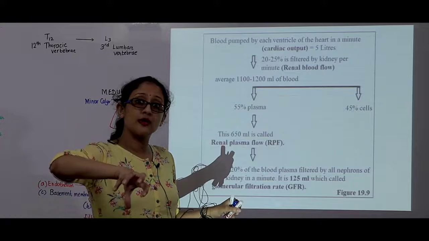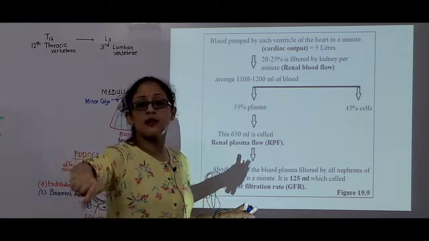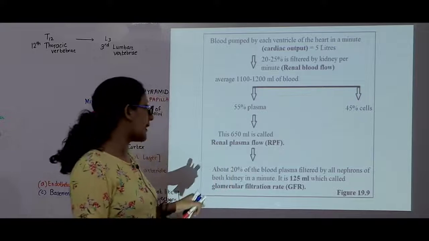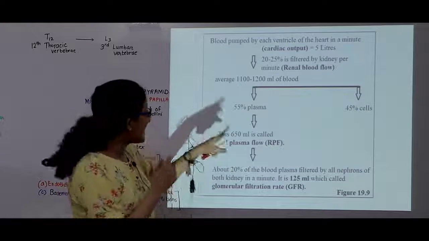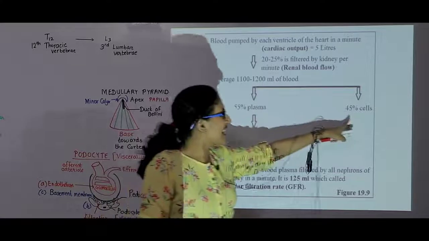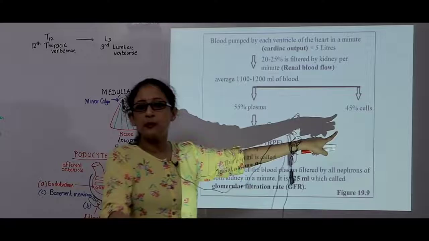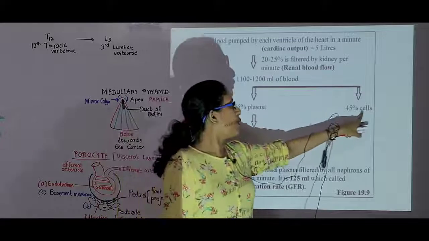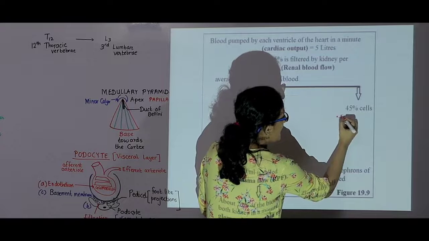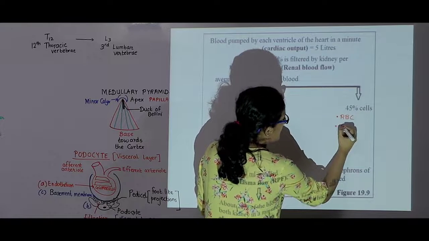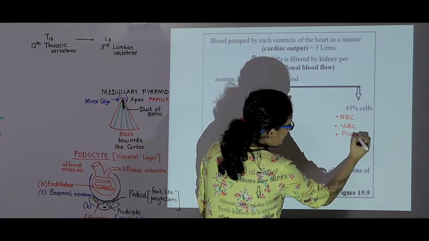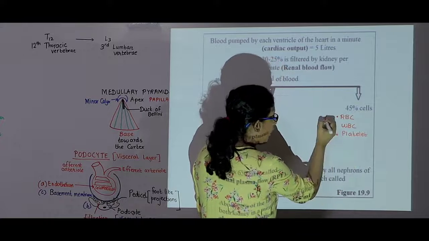So, how much blood goes to the kidneys? 1100 to 1200, that is around 20 to 25% of the cardiac output. But this is blood. In blood, I told you that there are cells like RBCs, WBCs and platelets. They constitute 45% of the blood. Can these be filtered into the urine? No.